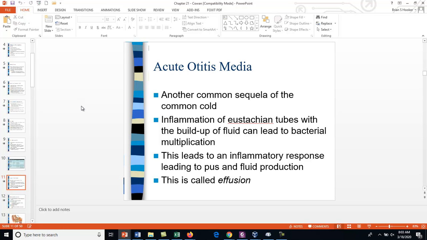The eustachian tubes in the ear will block and lead to a buildup of fluid behind the ears that makes a great medium for the resident bacteria to multiply. And so you'll start to get more bacteria propagating, and this will turn on the immune system to engage in an inflammatory response, and this is called effusion.